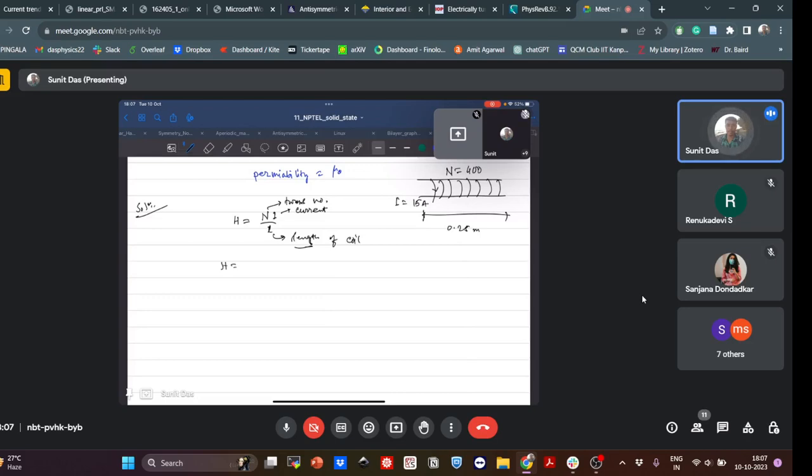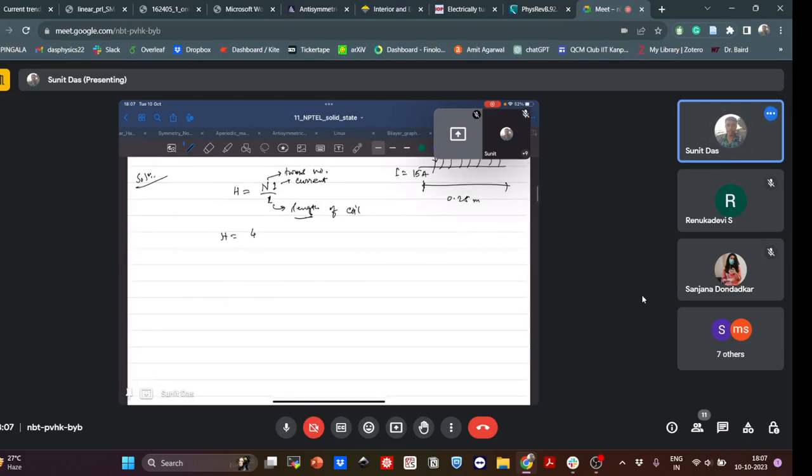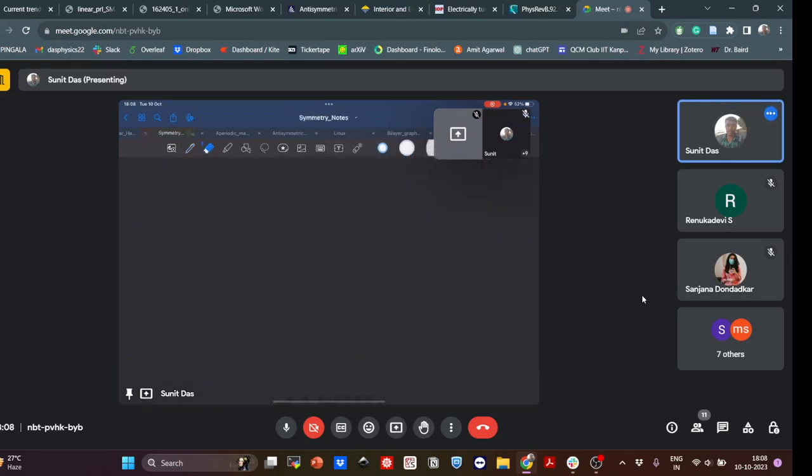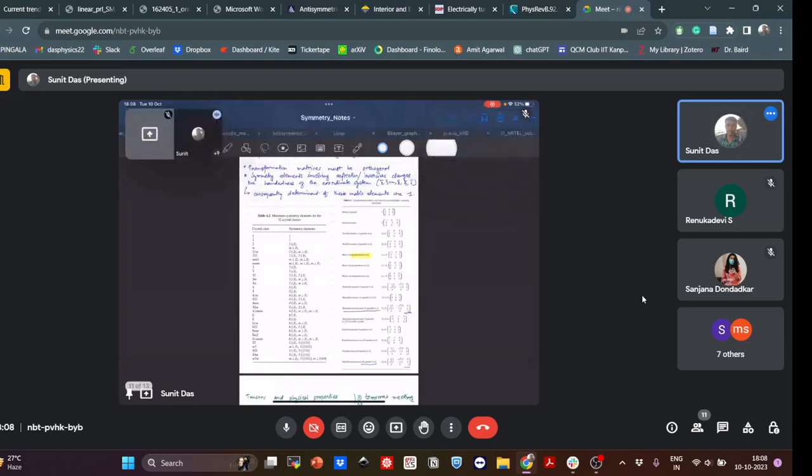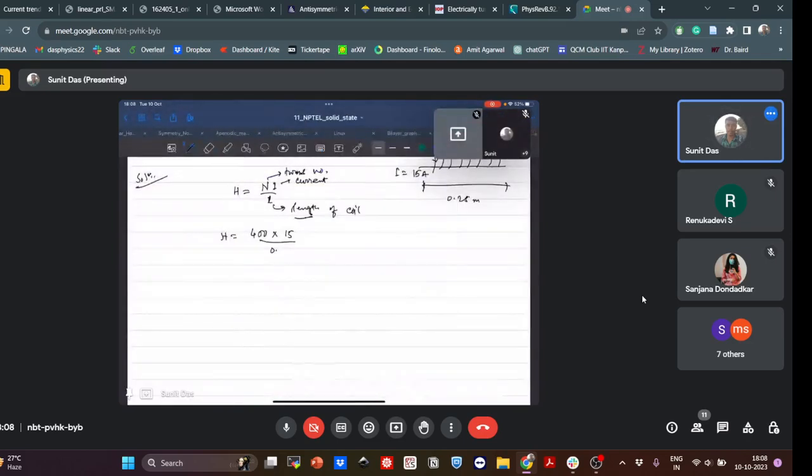So in this case H will be 400 into 15 by 0.25, and the answer will be in ampere per meter. So this was the magnetic field strength.